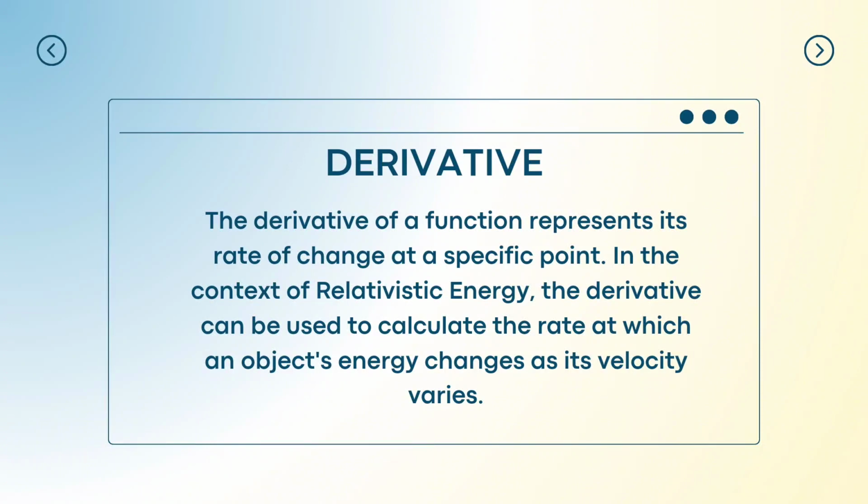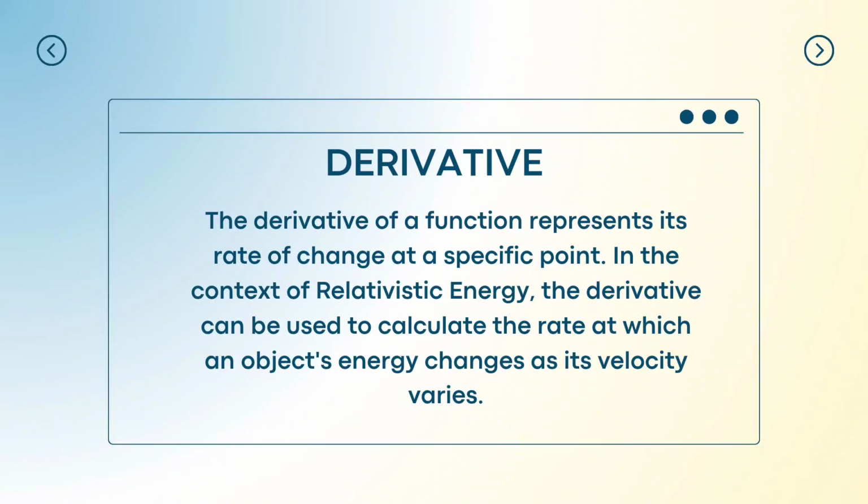By taking the derivative of the function with respect to the velocity, denoted as dE over dv, we can determine how the energy changes as the velocity changes.